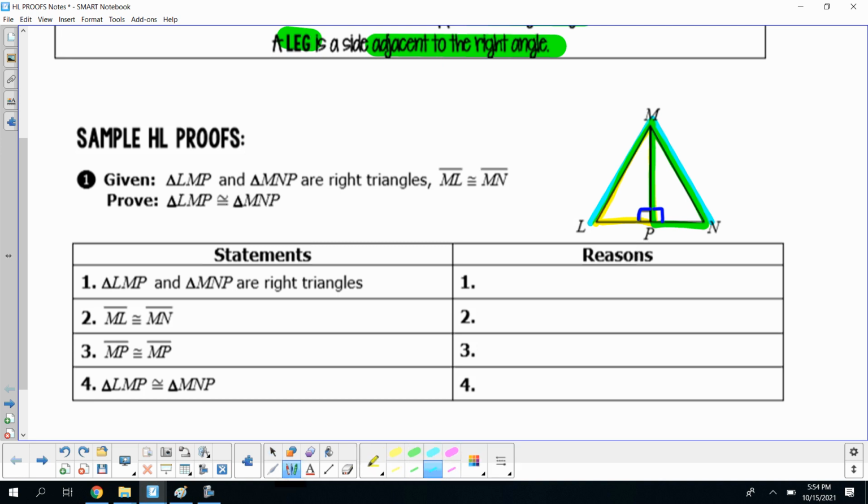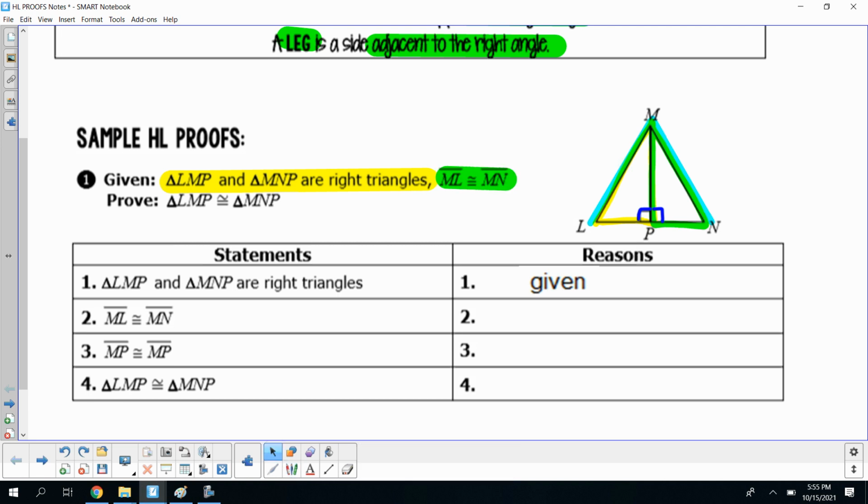Okay? Let's take a look at this first one. It says triangle LMP and triangle MNP are right triangles. If you look, that is one of the first things they tell us about these triangles. So the reason that we're going to give is given. The next thing that they tell us is that line segment ML is congruent to line segment MN.